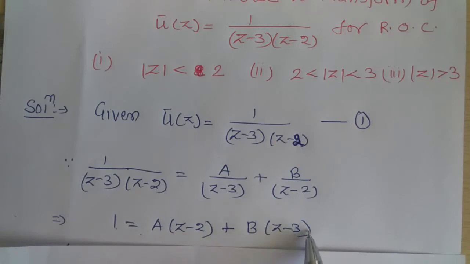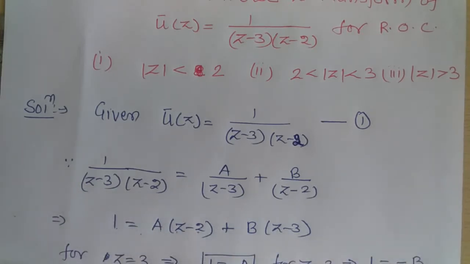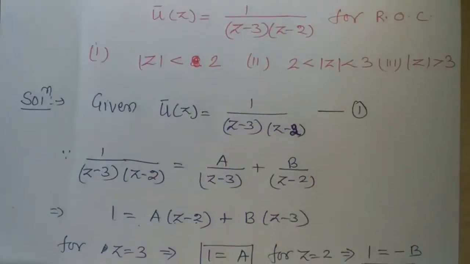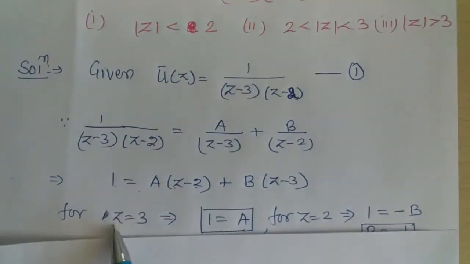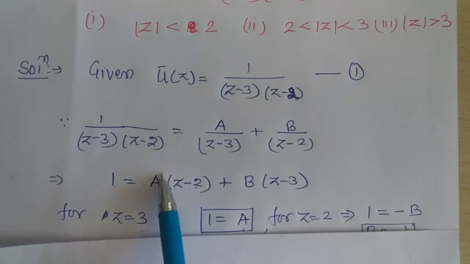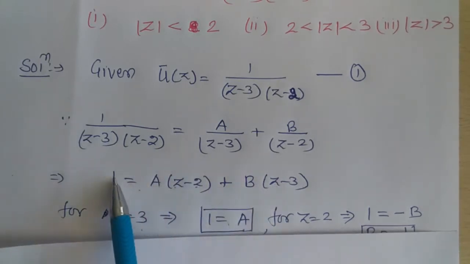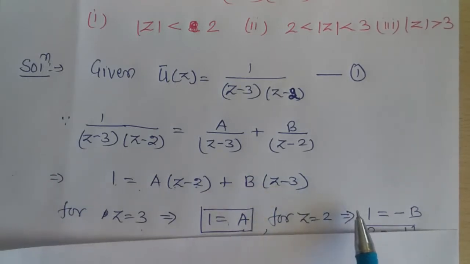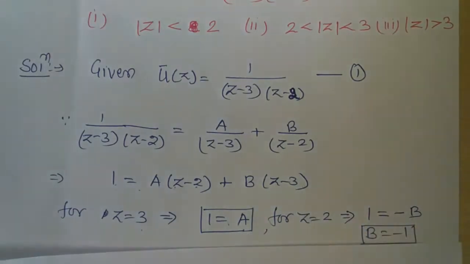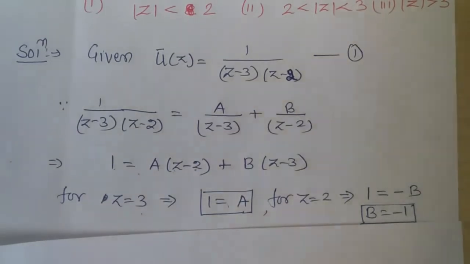Now for z equal to 3, the B term is 0, and we get 3 minus 2 is 1, so A equal to 1. For z equal to 2, the A term is 0, and putting z equal to 2 we get 1 equal to B into (2 minus 3), so 1 equal to minus B, which gives B equal to minus 1.